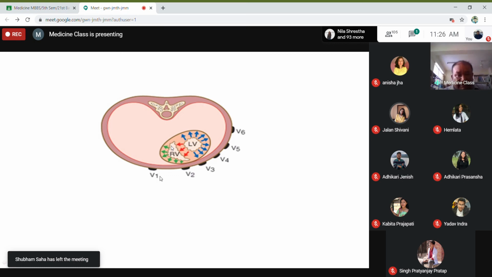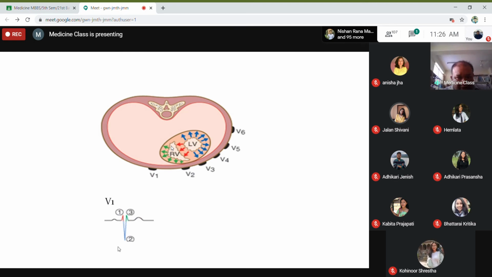So in the ECG you will have a positive deflection of red, a negative deflection of blue, and a positive deflection of green. So this is R, S, R. This is how it will record in V1.